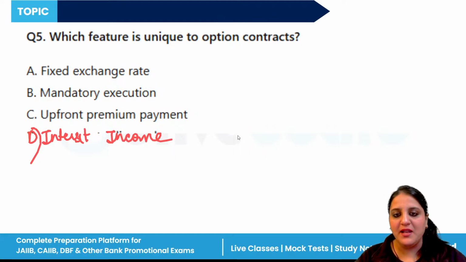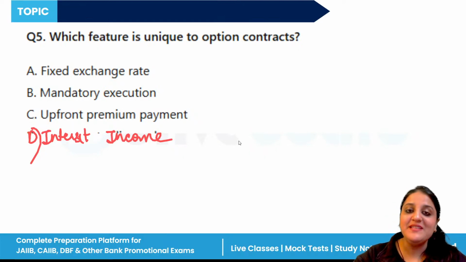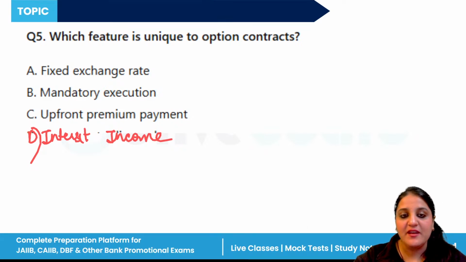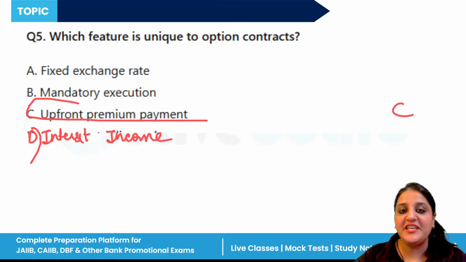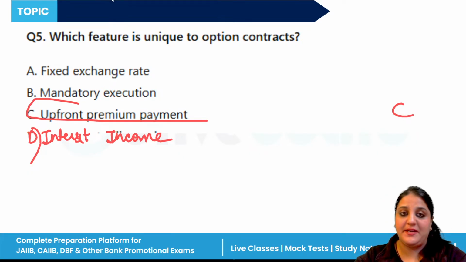Forwards are simple but options are flexible. Right but no obligation, option. Call means buy, put means sell, and there is an option premium. So which feature is unique here? Obviously upfront premium payment is the unique thing here. Is that clear?